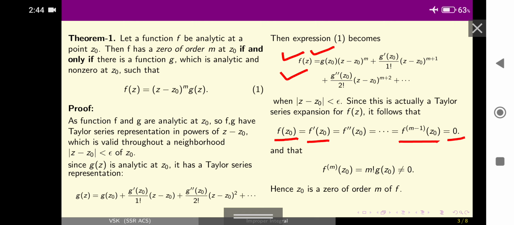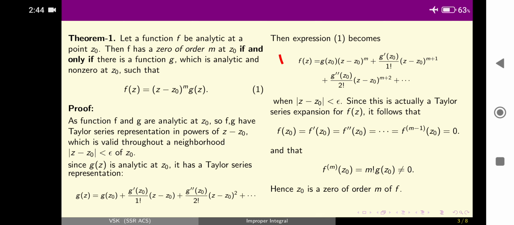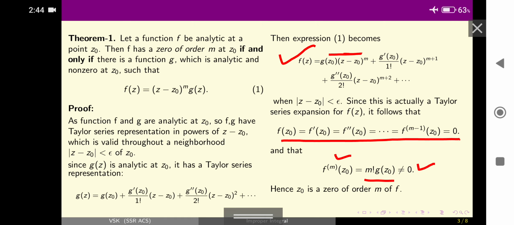And finally, when we find the mth derivative of this expression and put z equal to z naught, we get factorial m into g(z naught), which is not equal to 0. Therefore, because all these values are equal to 0 and the mth derivative of f at z naught is not equal to 0, by definition z naught is a zero of order m of f.